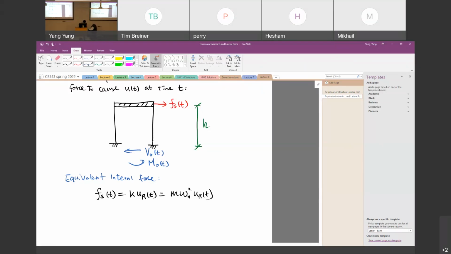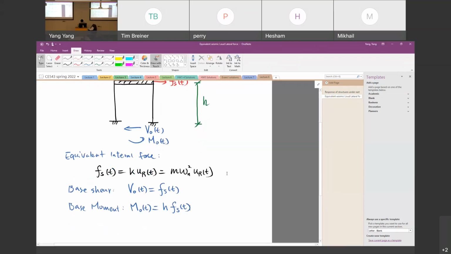Similarly, for the base, the shear force in the base should be equal to the lateral force. The moment is equal to the lateral force times the height of the column.